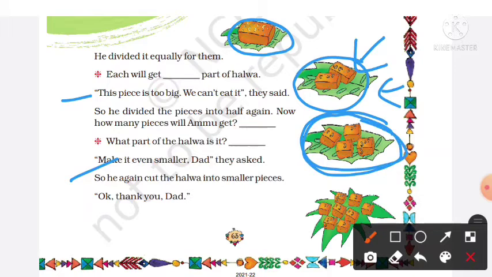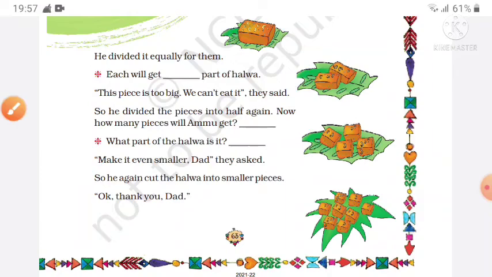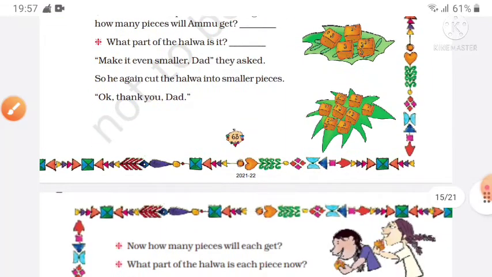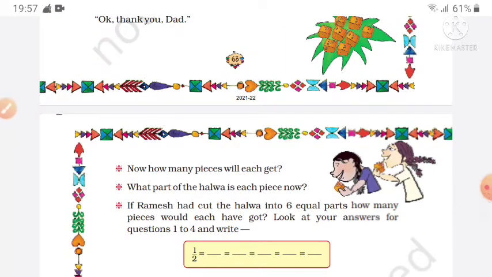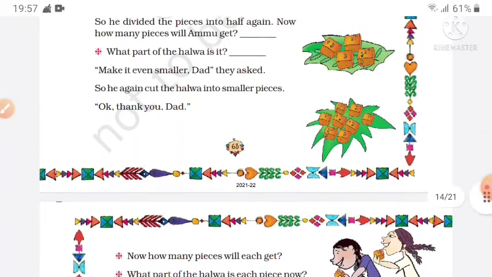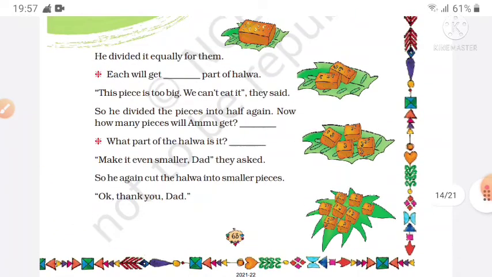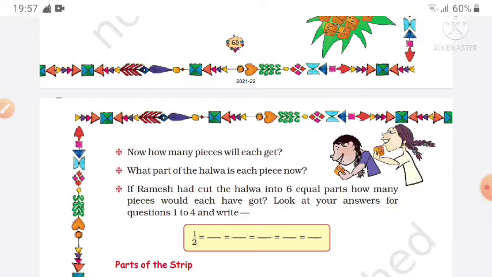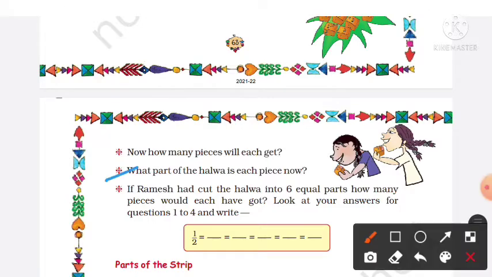Okay, now the next question is, what part of the halwa is each piece now? So it will be 1/8 part of halwa.